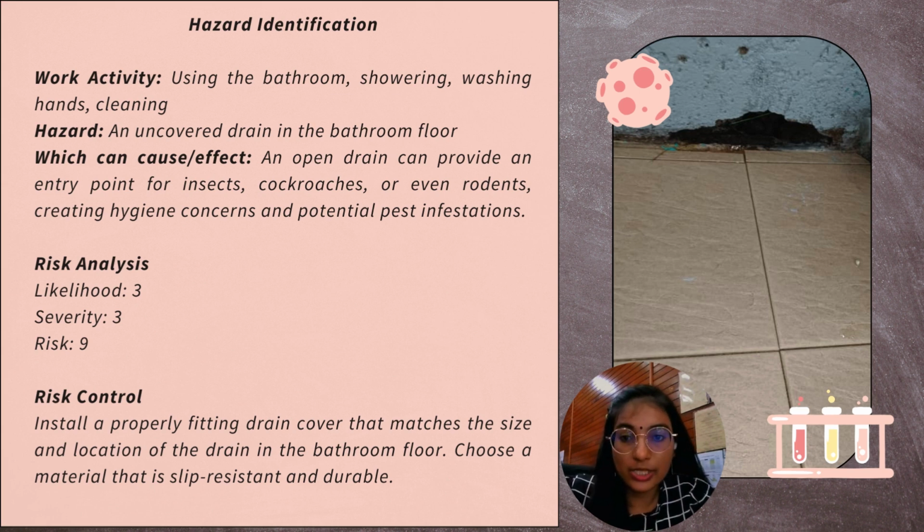The risk will be likelihood 3, severity 3, the risk will be 9. To control this, install a properly fitting drain cover that matches the size and location of the drain in the bathroom floor. Choose a material that is slip resistant and durable as well.